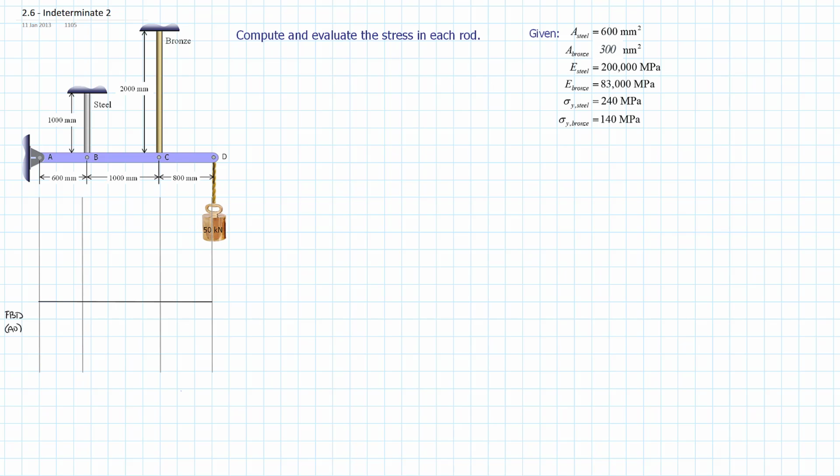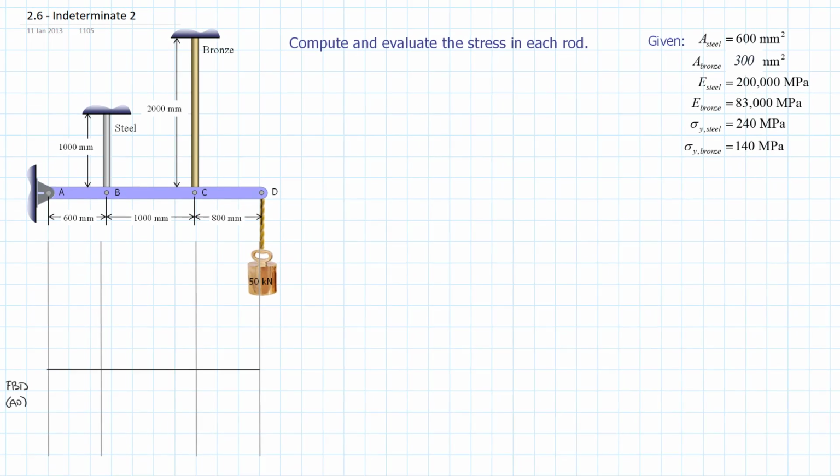So I've gone ahead and prepared to draw out a free body diagram. In this case, I'm looking specifically at the rigid bar ABCD, and now I need to put my forces on it. We have two reactions at A, reaction AY, reaction AX.